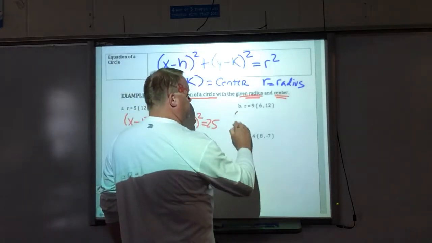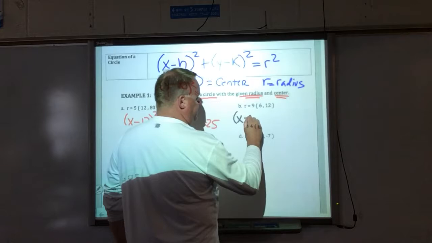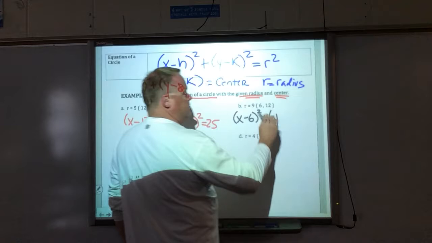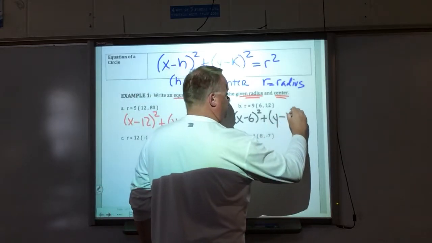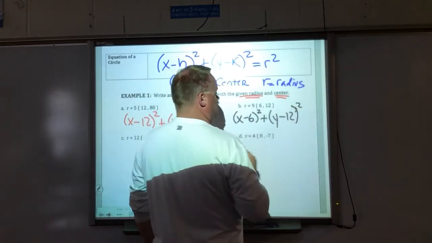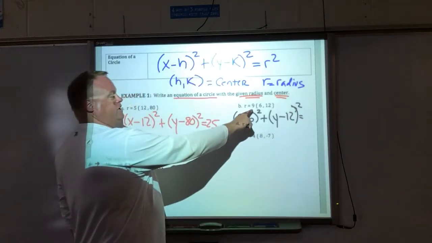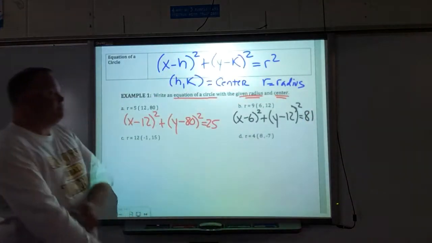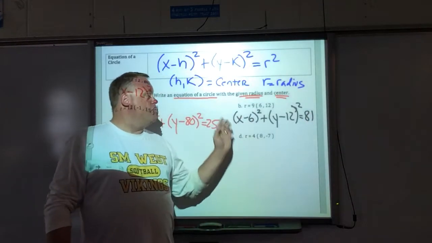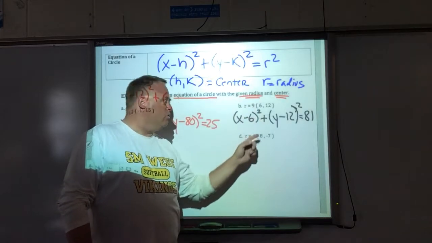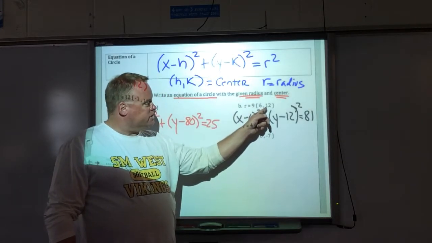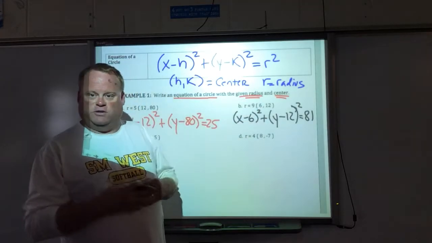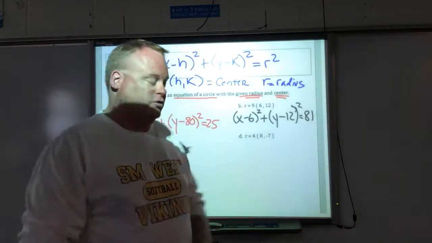So when I look at this, I'm going to think (x minus 6) squared plus (y minus 12) squared, since this 12 is positive, so it's minus 12, equal to my radius squared. 9 times 9 is 81. So that would be my equation of this circle right here, with the center (6, 12) and the radius of 9. I keep saying through the center. Obviously, we don't go through the center of a circle. It is the center of our circle. All right.